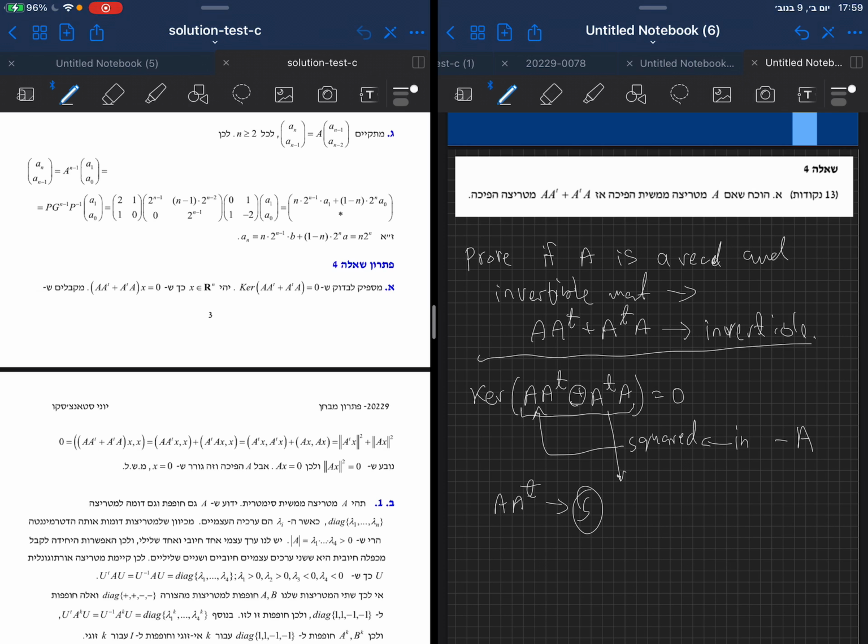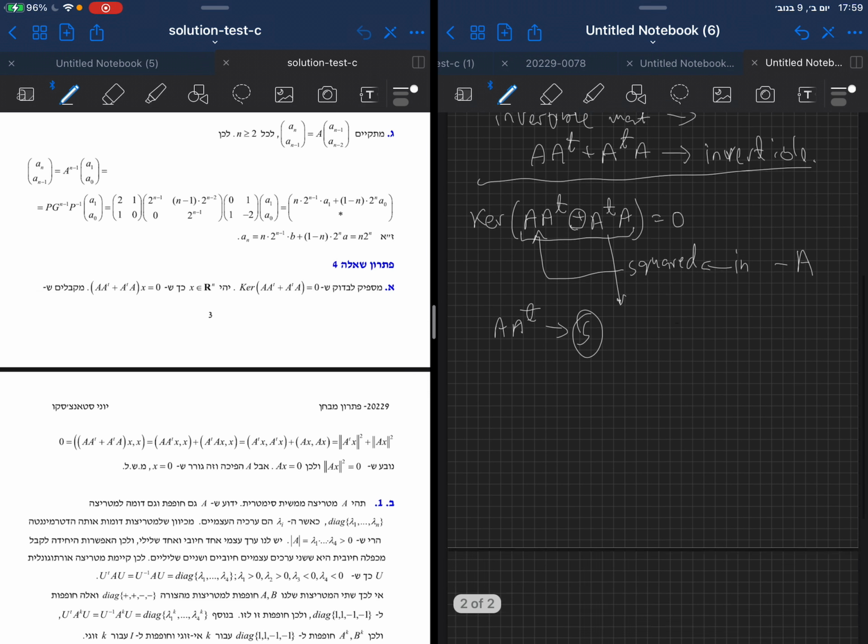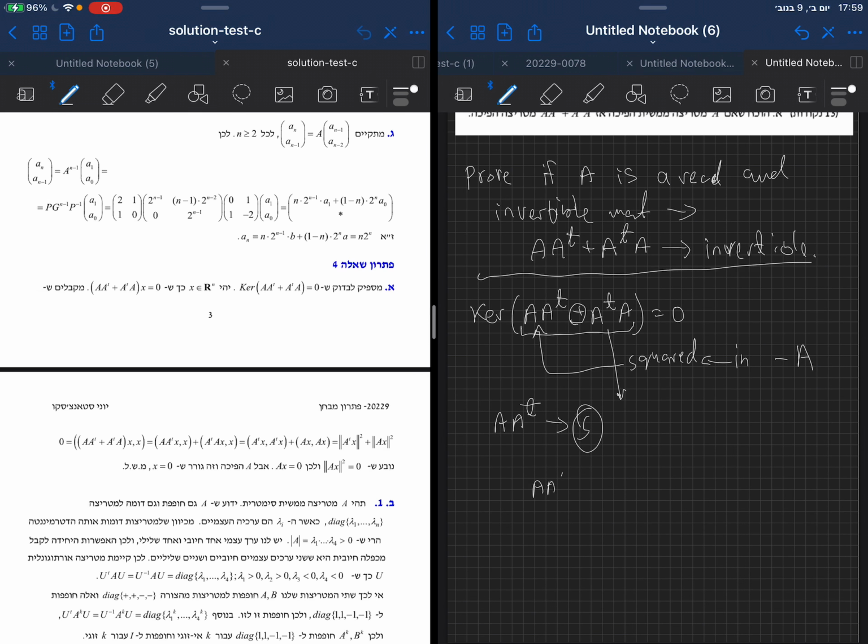Why? The idea is that we look at the homogeneous system of A transpose plus A transpose A, and we want to show that for the homogeneous system of this squared matrix there is only one solution, the trivial solution, the solution x equals 0.